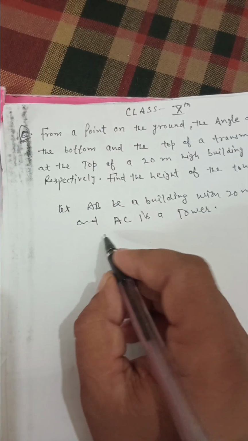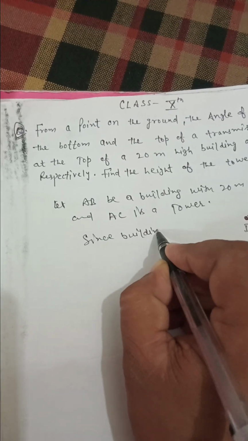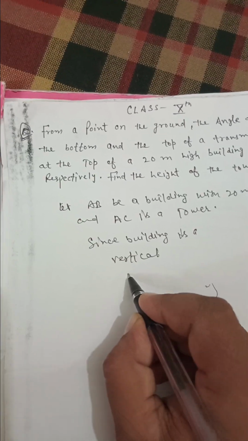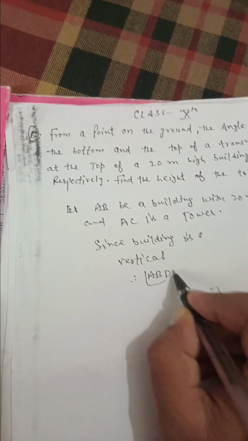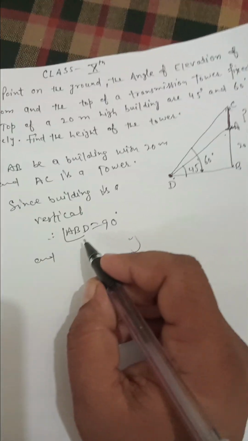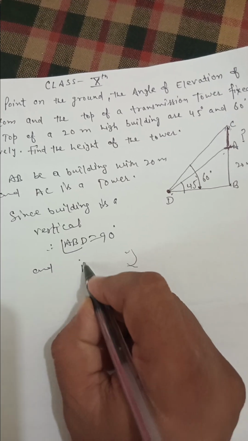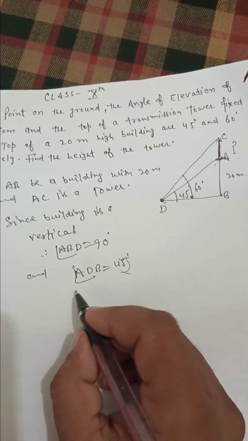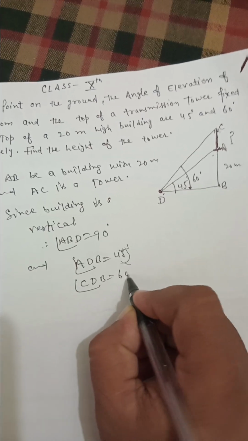Since the building is vertical, therefore angle ABD equal to 90 degree, and according to the figure, angle ADB equal to 45 degree, and angle CDB equal to 60 degree.